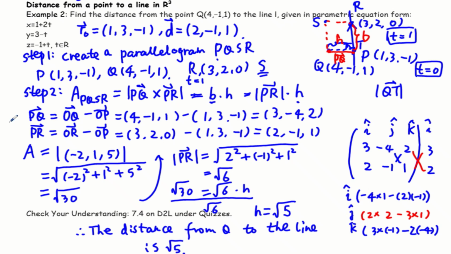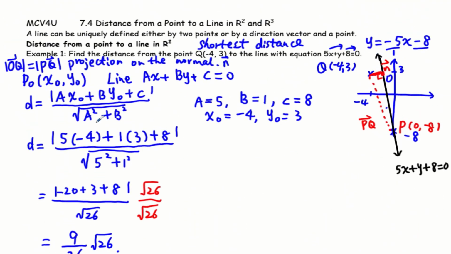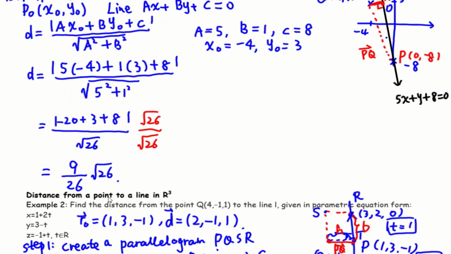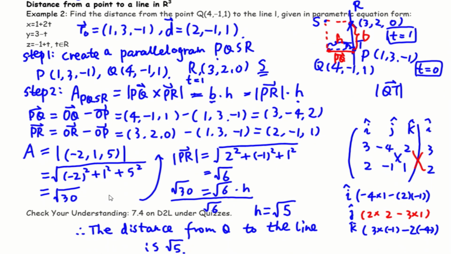What we have done is, for 2 dimensions, we could use a formula right away. This is the equation ax plus by plus c equals 0. We sub in the point where we want to find the distance to this equation as a numerator, then divide by the magnitude of the direction vector, square root of a squared plus b squared. Then we find it. And for 3 dimensions, it's a little bit tricky.